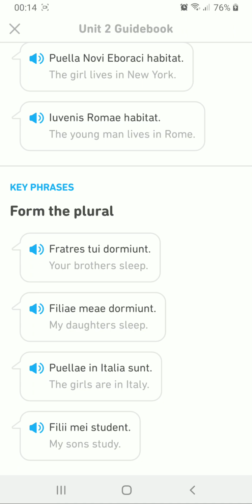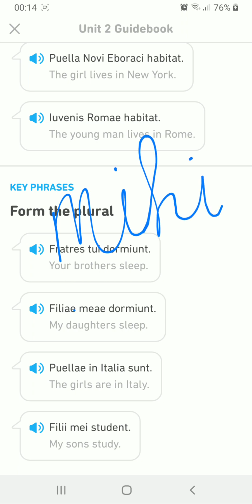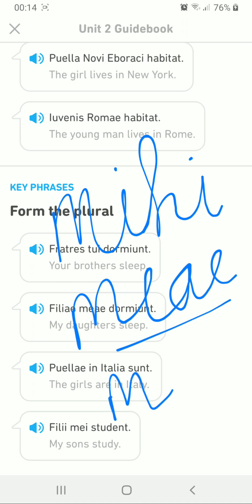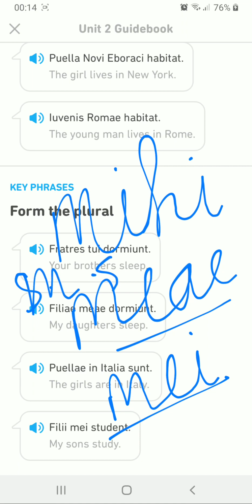So we have seen mihi, we have seen meae, and now we have seen mei. Mei is the masculine plural for my, meae is the feminine plural.